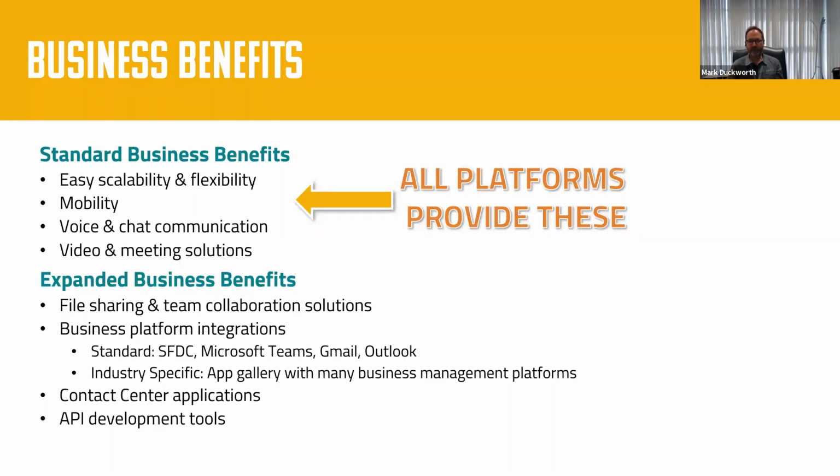Something else too is, again, in a traditional phone system, adding on solutions is sometimes cumbersome and costly to the customer. You've got to add a server, you've got to add software, you've got to add licenses. That's not the case in UCaaS, right?